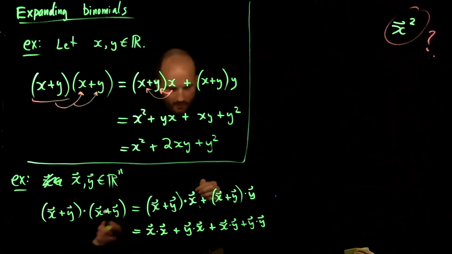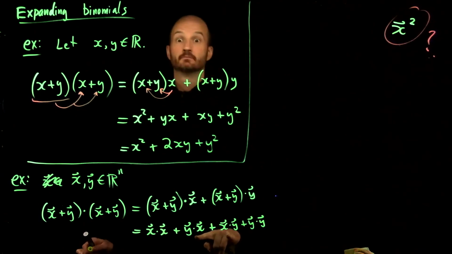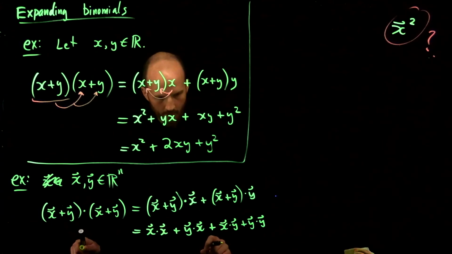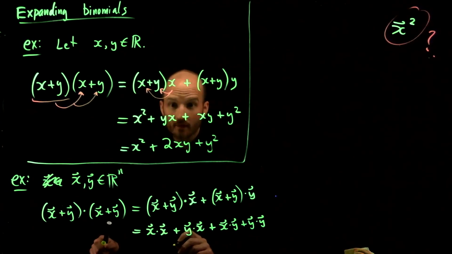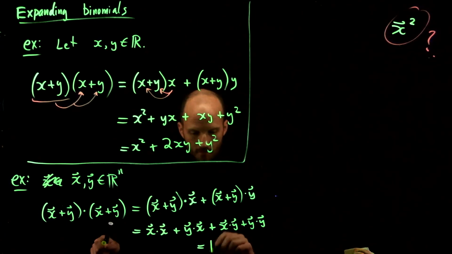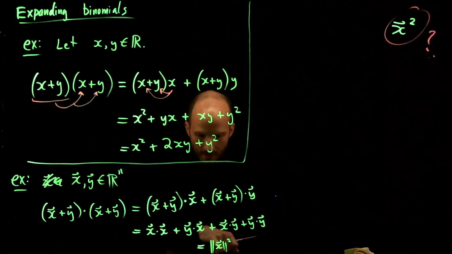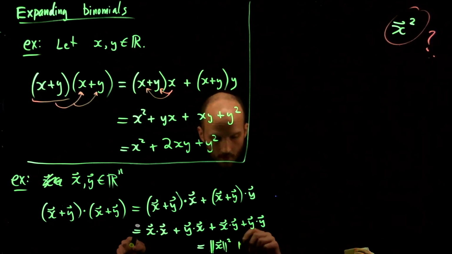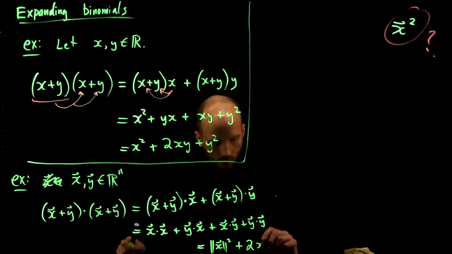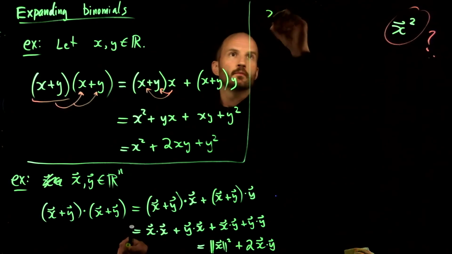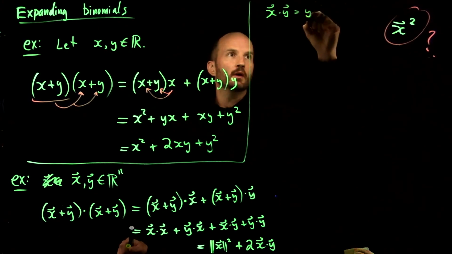Now, another property of dot product is that these things are the same. And what else? The dot product of x with itself is the length of x squared. So x dot x can and should be replaced with this. The two x dot y terms can be combined in this case, because we do know that x dot y is equal to y dot x.